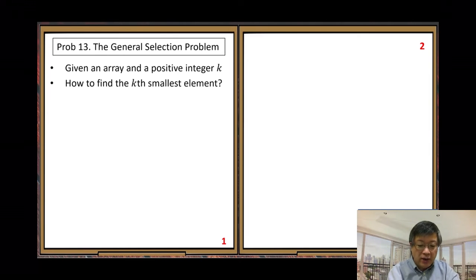But here, for arbitrary given k, we need to find the kth smallest element with an efficient algorithm. The goal, efficient algorithm. We do not require optimal. Why?